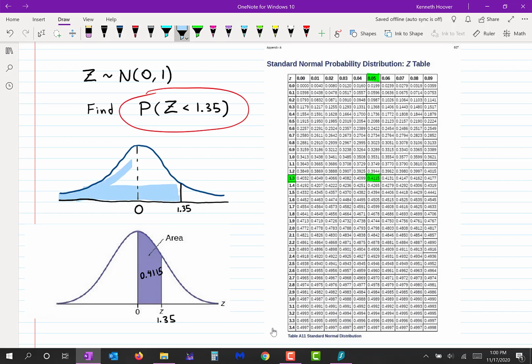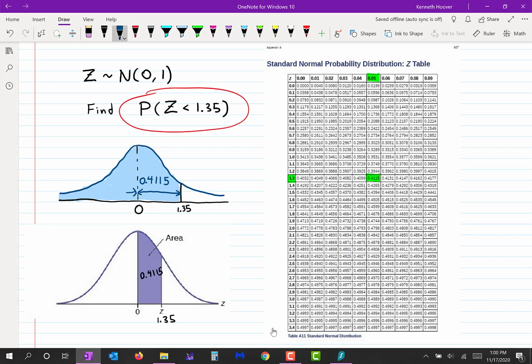So what we have found so far is this area right here, between the middle at 0 out to the value of 1.35. We found that area, and we found out that it is 0.4115. Okay?